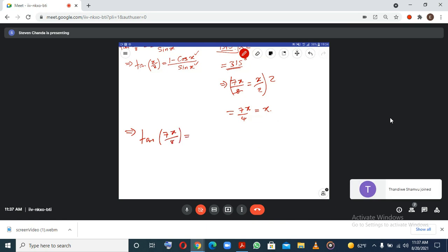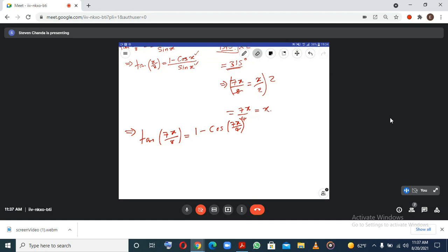So now our x is going to be 7 pi over 4. Let me write it somewhere here so that people can follow. Okay, so that's our x, right?